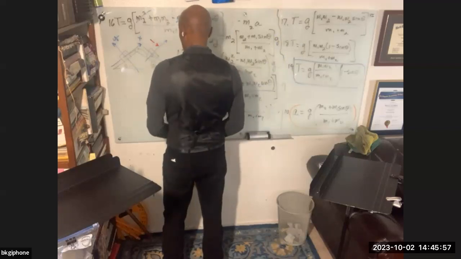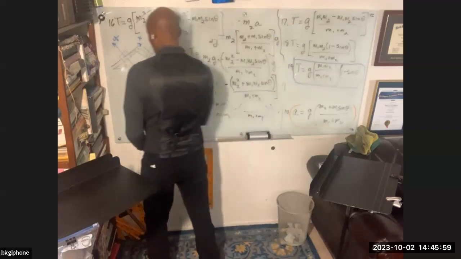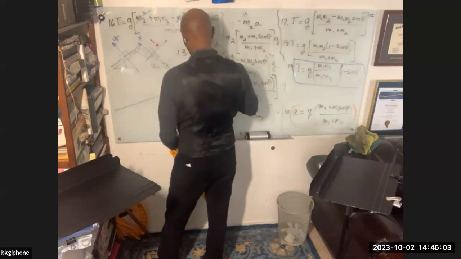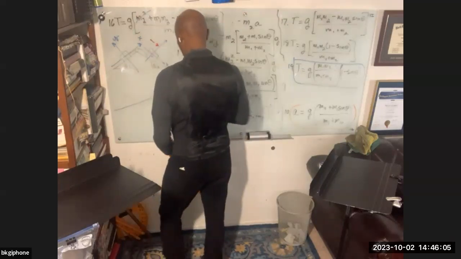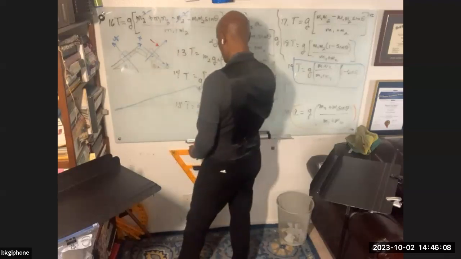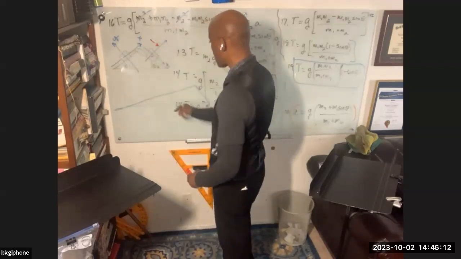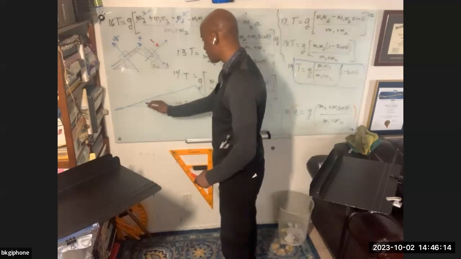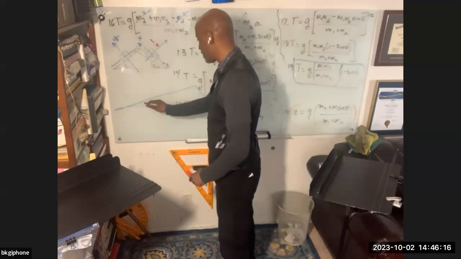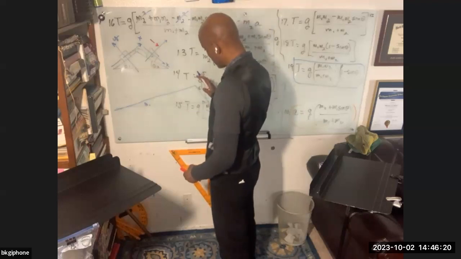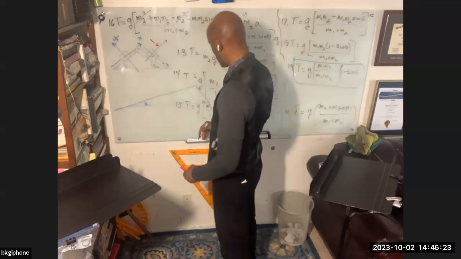If I made this angle larger than 5, it would actually have to look something more like that. This is not drawn to scale, so don't worry about that. But it would have to look more like that, where this theta could be 5, and this could be something like 12, or even 30 or something like that.